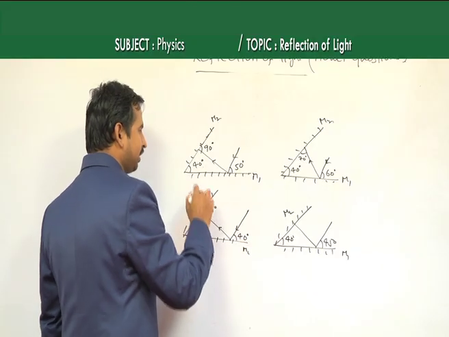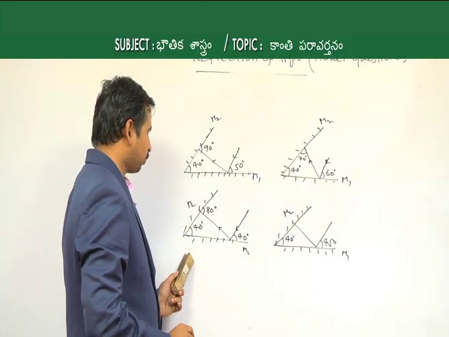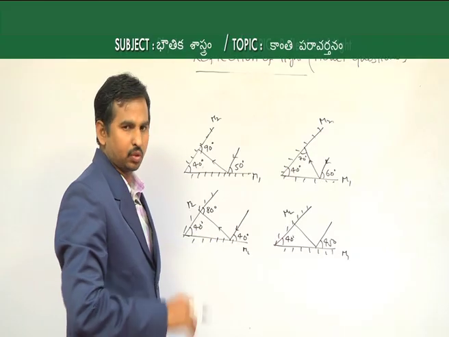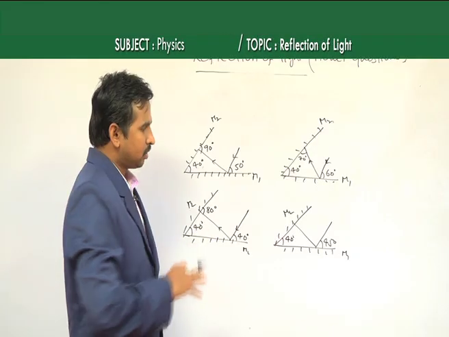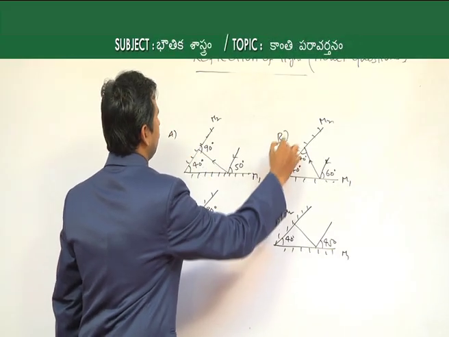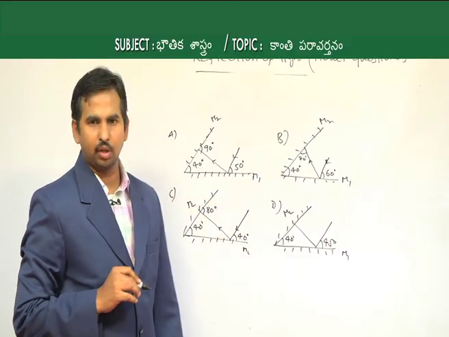In all cases the angle between the two mirrors is 40 degrees. Now, the question is, of the given diagrams, which relation is correct? Of the given four, A, B, C and D, we have to find the correct relation.